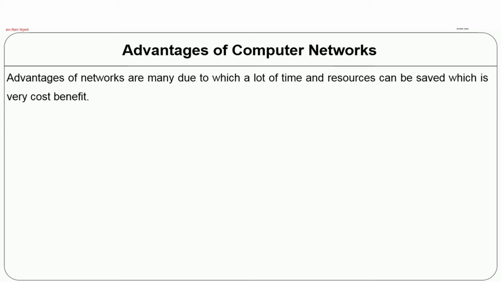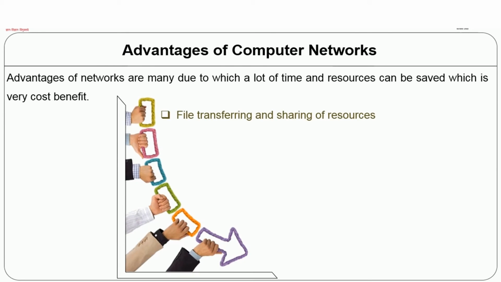Some of the advantages of the networks are file transferring and sharing of resources, speed, that means because of computer networks we can overcome the problems in sharing the resources, and we can easily share resources within a limited time.